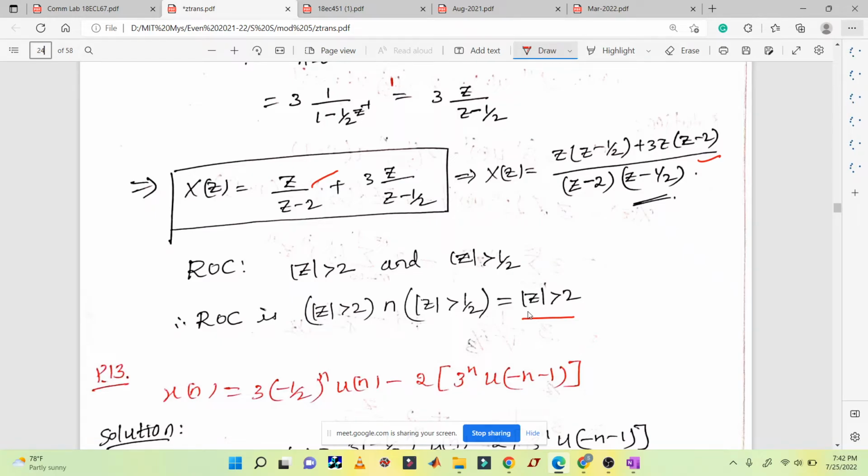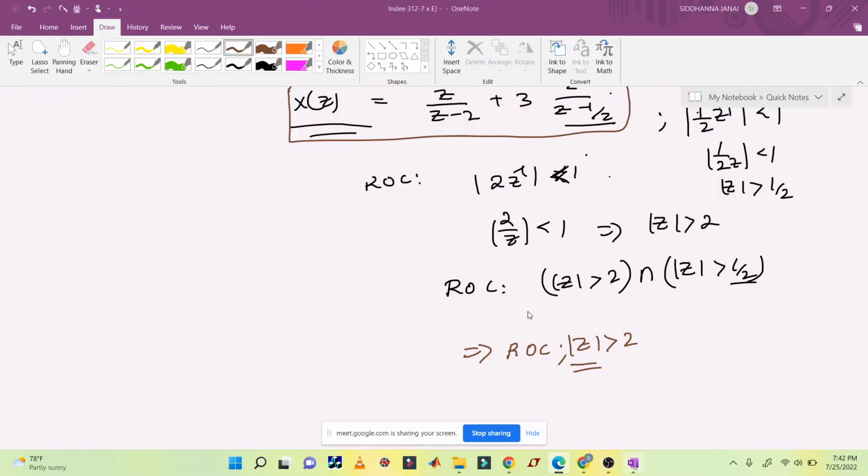Okay, so now the second problem is here. 3 into (minus 1 by 2) to the power n u of n minus 2 into 3 to the power n u of minus n minus 1. Okay, this is the problem.